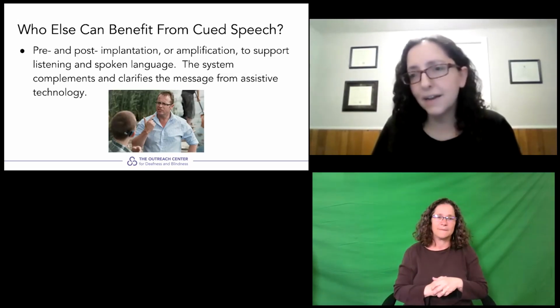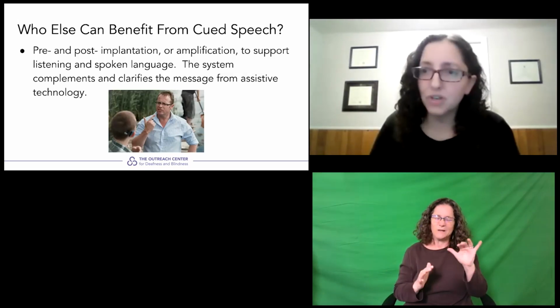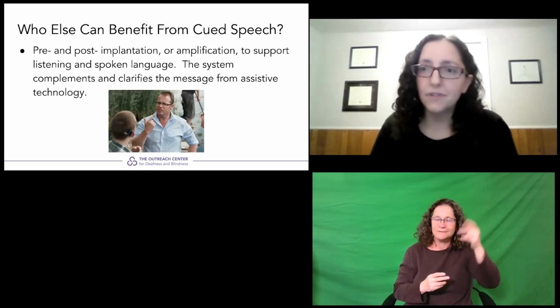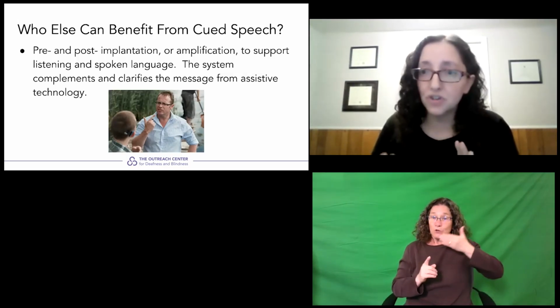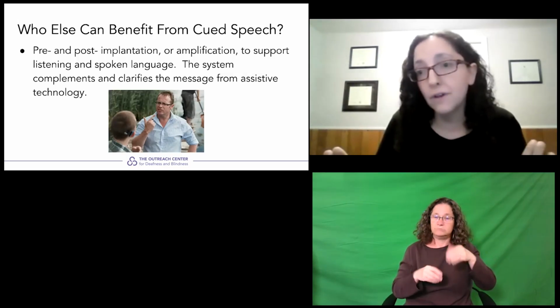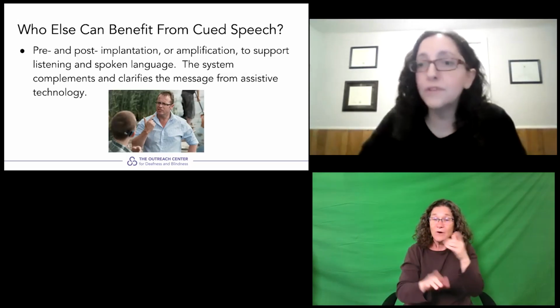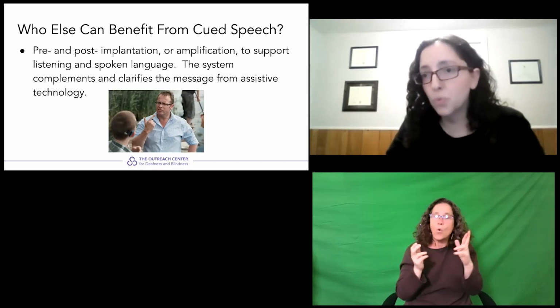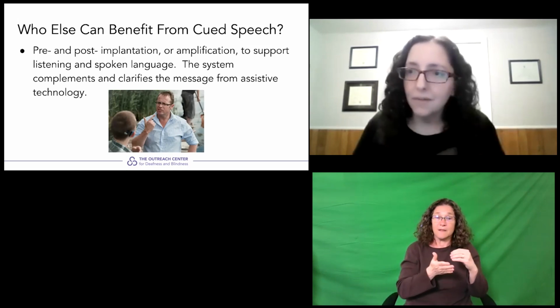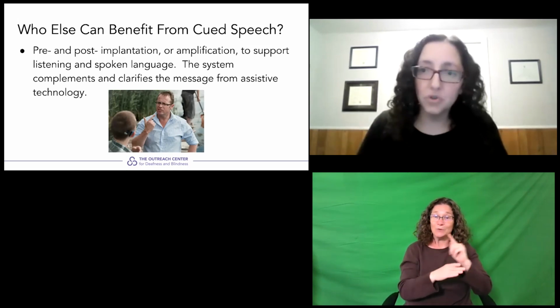That's a misconception that's out there in the field. The cueing system gives you access to the target language before you've even had assistive technology or along with assistive technology. Students won't stop using their tools just because you're adding a visual.